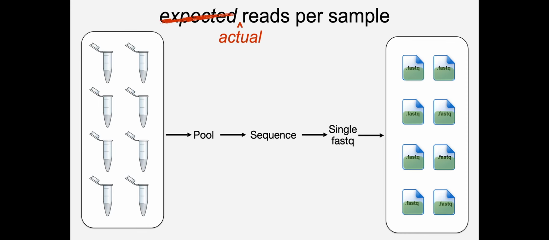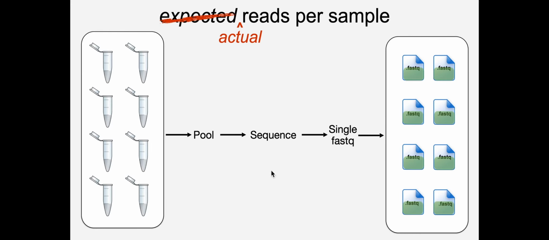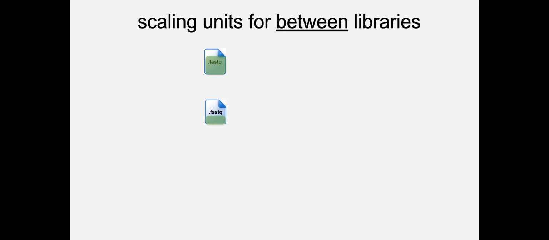And so what we actually end up with is something more unbalanced, where we have FASTQ files that do not have the exact same number of reads in them. And so that has a real consequence in terms of how we think about counting, assigning reads to genes and measuring the expression of that gene.